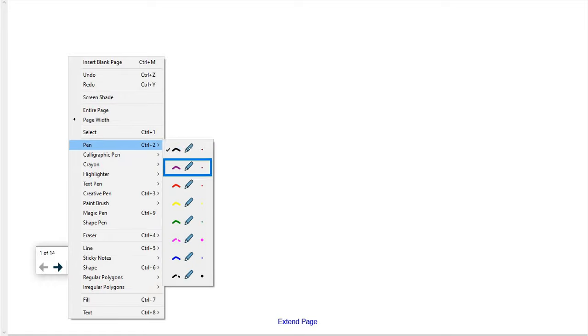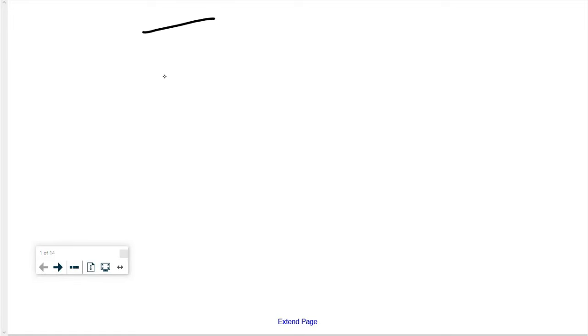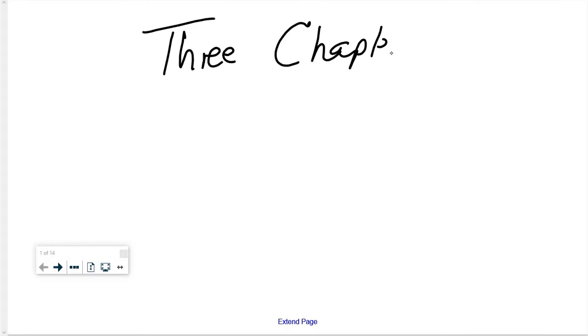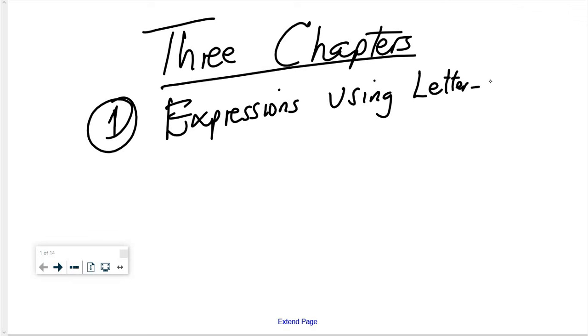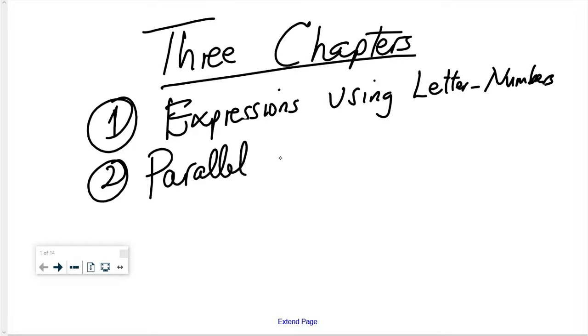Today I'll be taking you through a quick revision on 3 chapters. So we'll be discussing some questions basing on 3 chapters, which are, the first one is expressions using letter numbers, and the second one will be parity and intersecting lines.